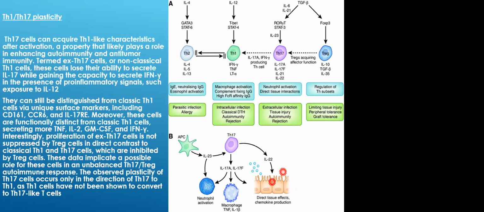And the reason is that they are out of control, because Treg cannot effectively inhibit those X-Th17 that act and behave like Th1. That's the problem we have with multiple sclerosis. So they are out of control.